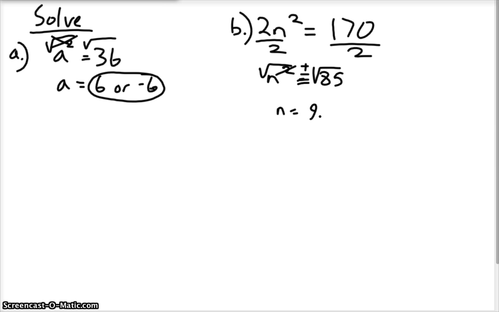Nearest tenth? Yep, round to the nearest tenth if necessary. So I have 9.219, so 9.2. And this could be plus or minus. So you could write it like that, or you could do 9.2 slash negative 9.2. But I think this is much nicer. So put plus or minus the number.